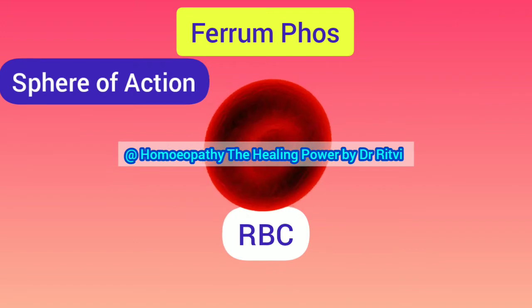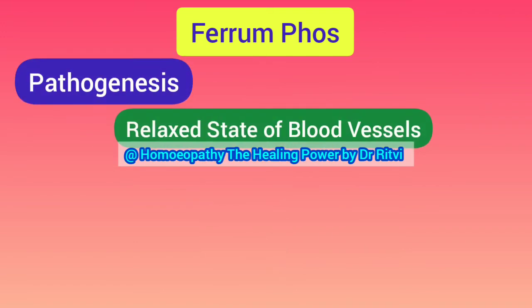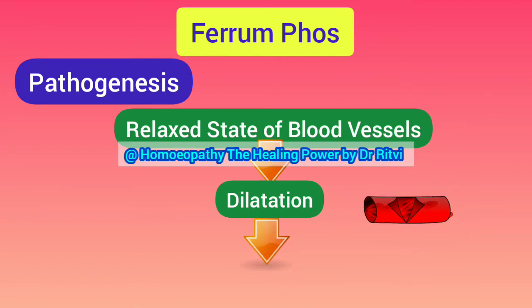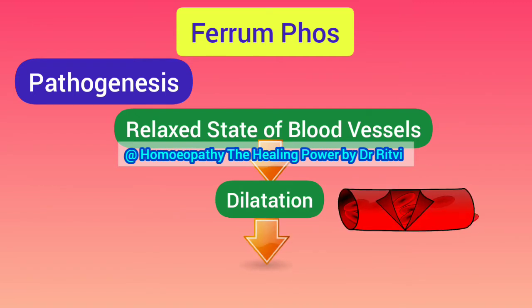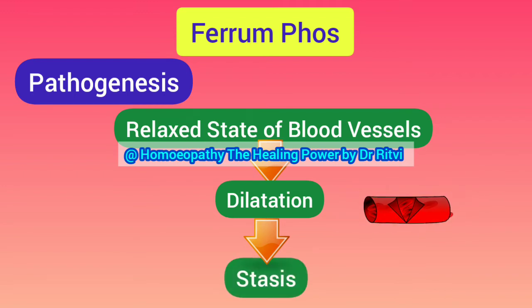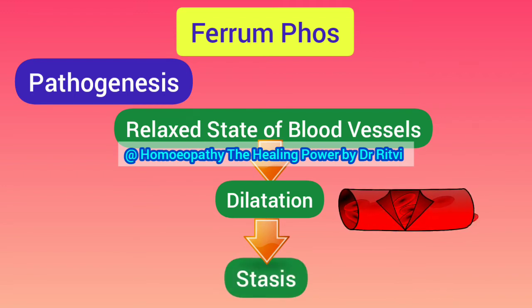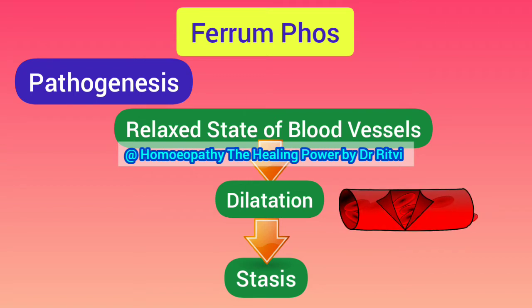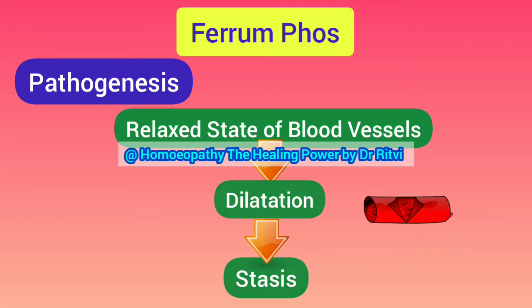Pathogenesis. Friends, when Ferrum Phos acts on these relaxed blood vessels, then there is dilatation of these vessels. As a result of this, there is stasis of blood in these blood vessels. And friends, this is nothing but what we call hyperemia or congestion.